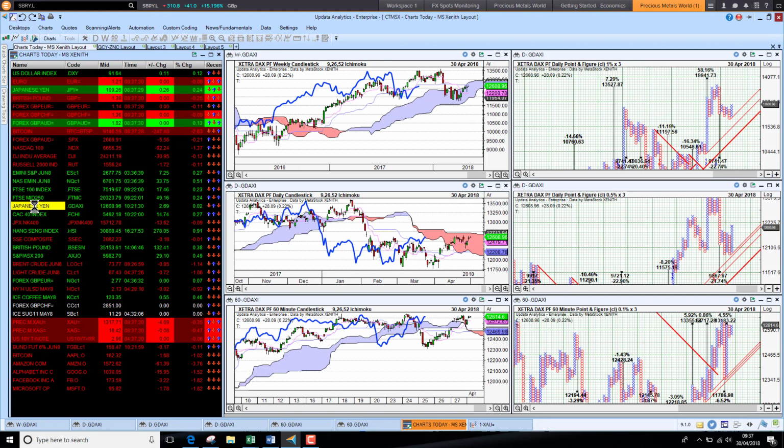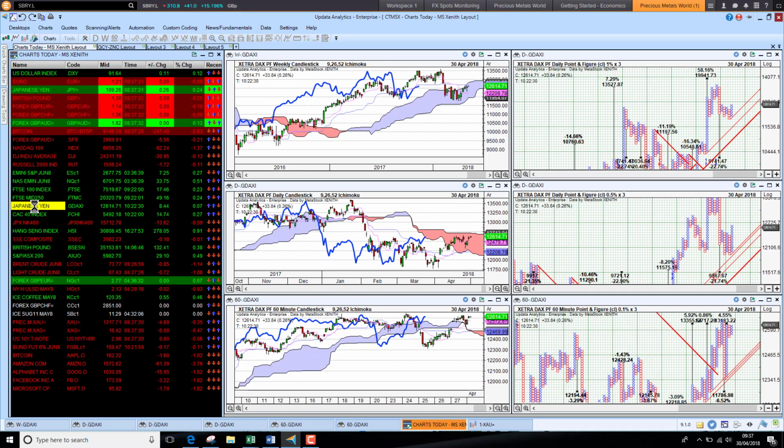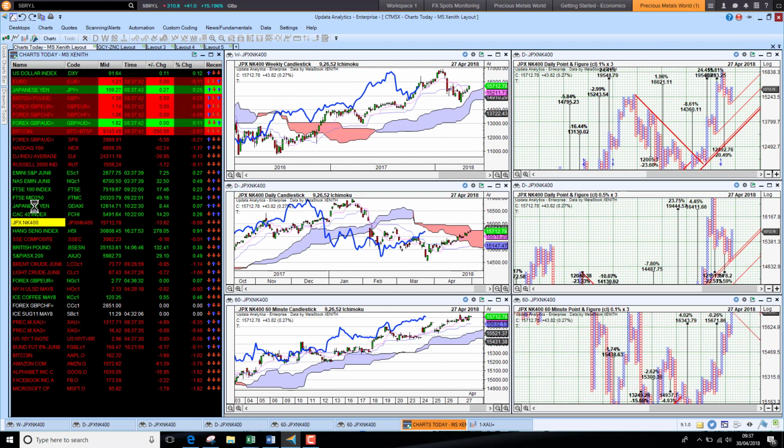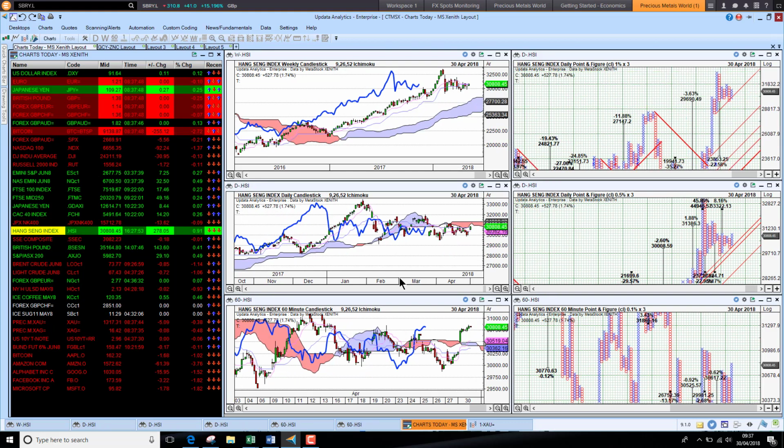The DAX is not quite above the cloud yet, so it's not looking as strong. And the CAC 40, actually, we talked about this on Friday, the French market looking better. It is recovering above the cloud and testing new highs. So the Japanese market was up very slightly, up quarter of a percent, not fully recovered yet on the medium term.